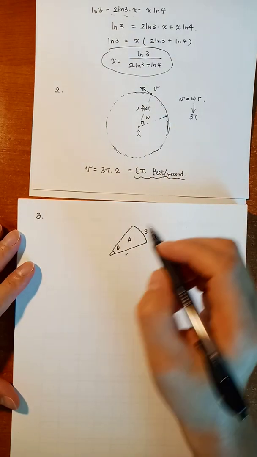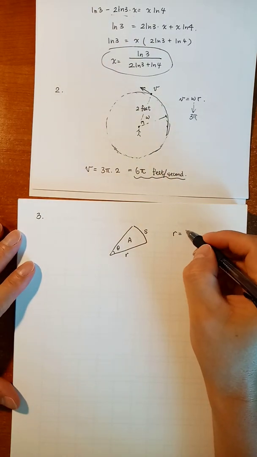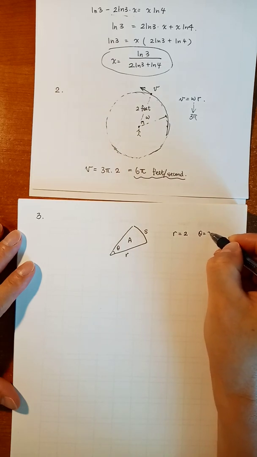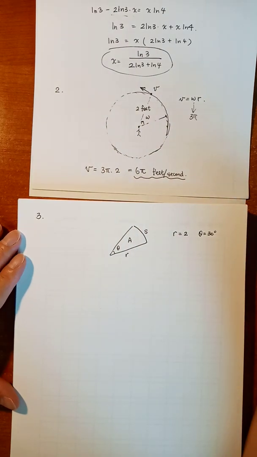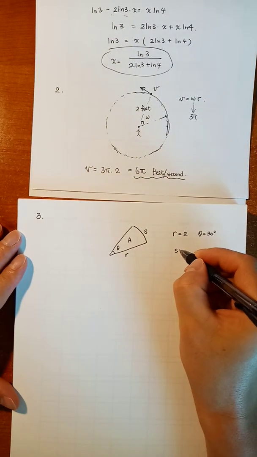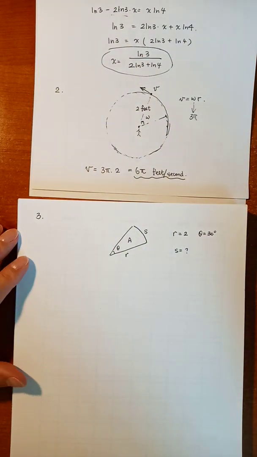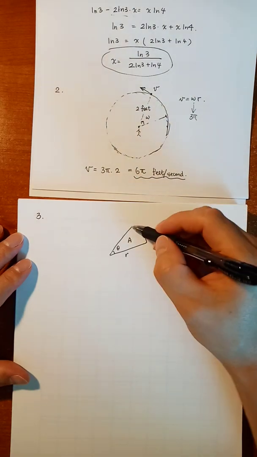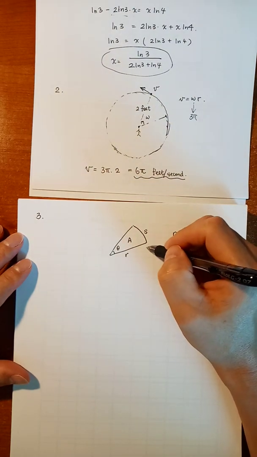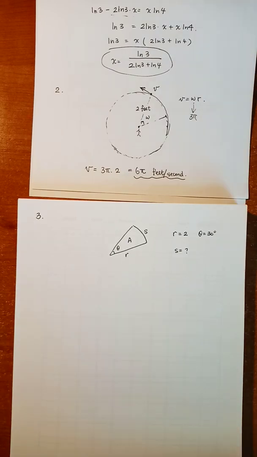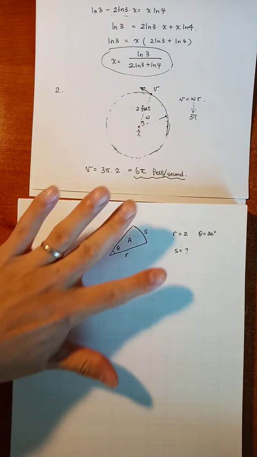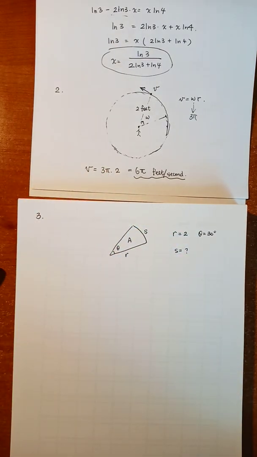So we know the radius is 2 inches. Theta is 30 degrees. And we're looking for S. What is S? S is the arc, the corresponding circle part. A denotes the area of the sector, like a piece of pizza.